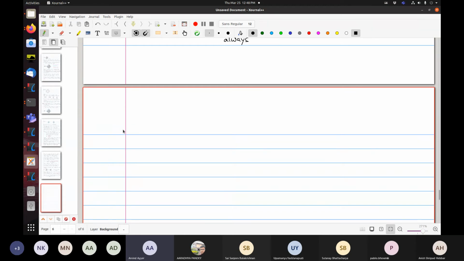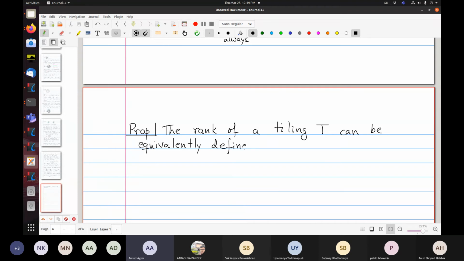So here's the proposition. So I think I'll stop after this. Proposition: the rank of a tiling can be equivalently defined as R of t is the sum over B and G of h_t, the reduced height function.